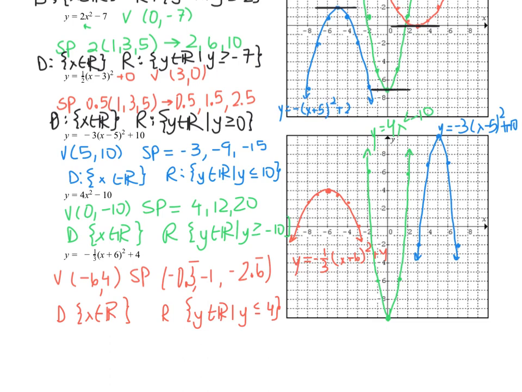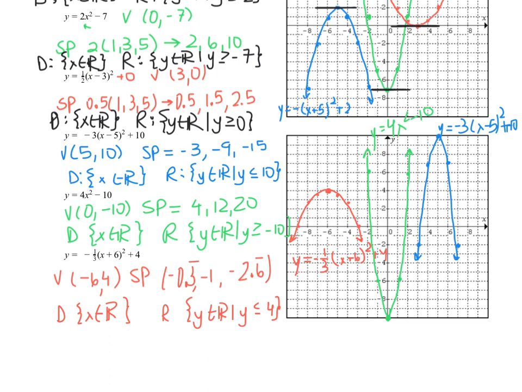So -0.3 repeated, -1, and -2.6 repeated. So I plotted my vertex at -6, 4, so to show that shift to the left 6, up 4. And then I estimated a third down, then 1 down, then 2, and the 2/3 is right there.